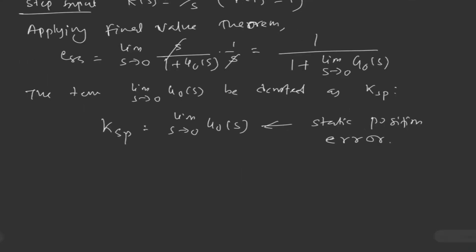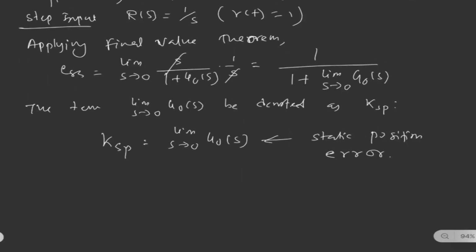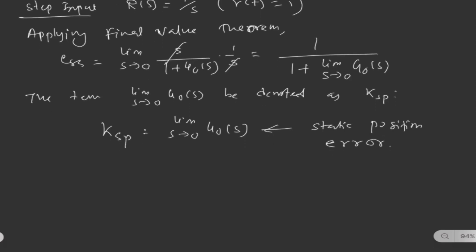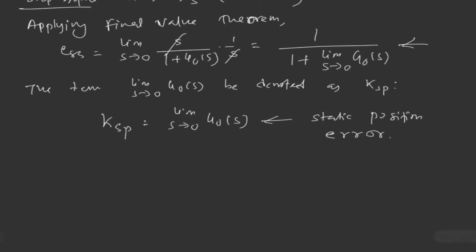If you substitute this expression in the steady state error condition in equation 4, we can write ESS equals 1 upon 1 plus KSP.